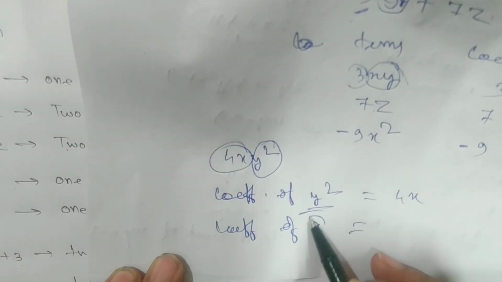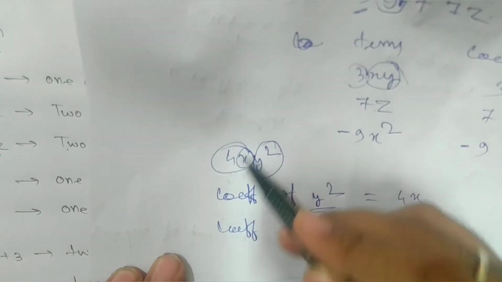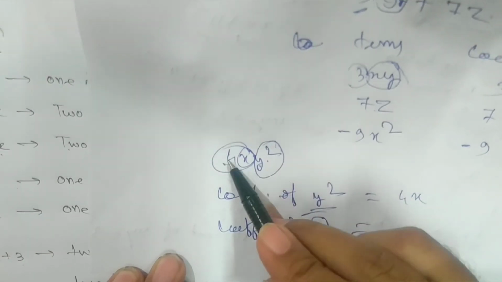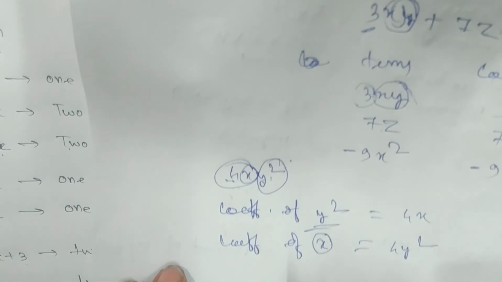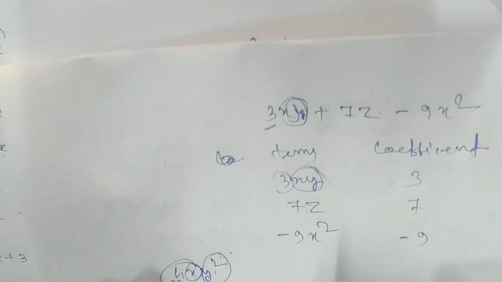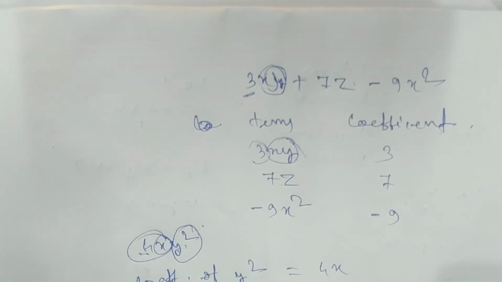Just skip your x part, leave the x part, whatever remains, that is 4y square, so we'll write 4y square as our coefficient. Okay, we'll do more related to addition and subtraction, and if possible we'll go for multiplication and division also in the coming video. Thank you.